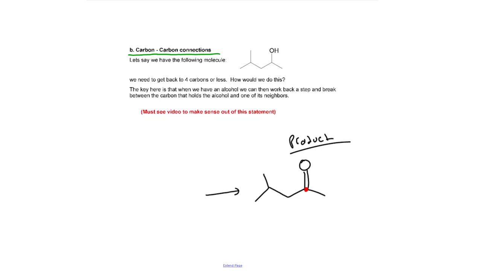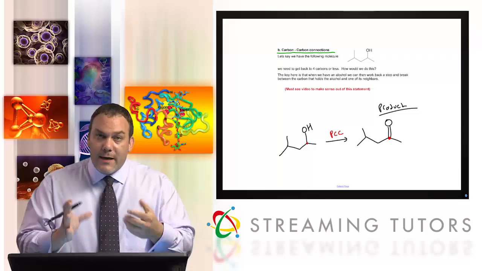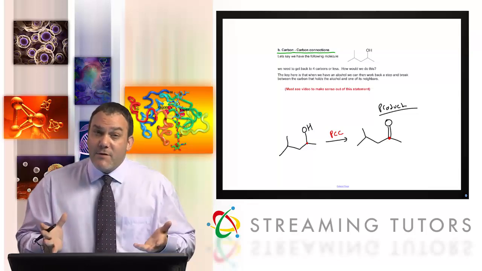If you look at your diagram, you'll see that, yeah, if I use PCC, then the red carbon could have been 1 step back. Remember, we're going backwards. This could have been an alcohol. And so now I'm back to the alcohol. That's always your goal. Get back to an alcohol if they don't already have you as an alcohol.